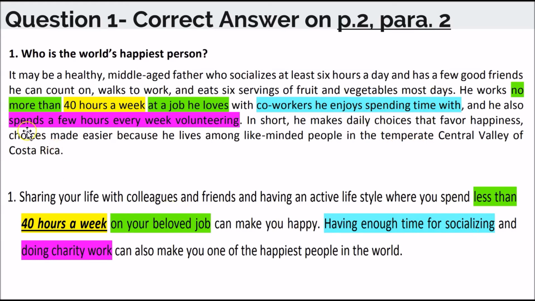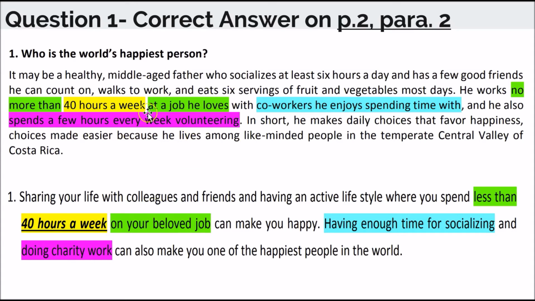And this purple written part in the question statement says "doing charity work." So we need to find some phrase that means the same or has a similar meaning. And in the actual text, it says "spend a few hours every week volunteering." And so "charity work" and "volunteering" are almost the same thing.